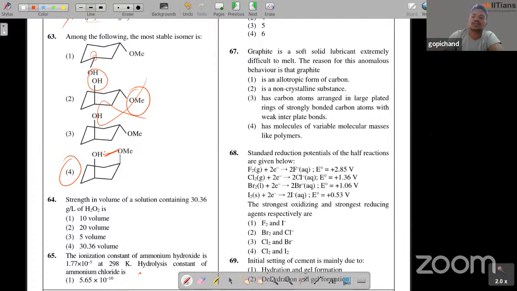Strength means grams of solute present in 1 liter of solution, right? So strength can be found from 30.36 gram per liter. To how much volume is it equivalent? How much volume can we get?